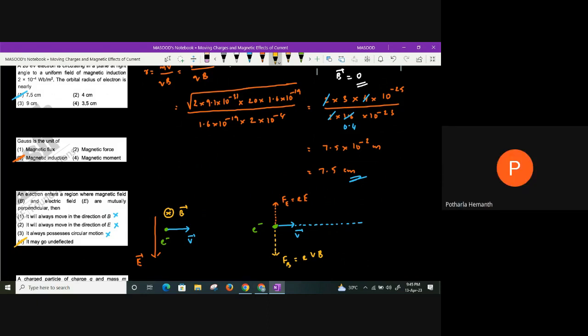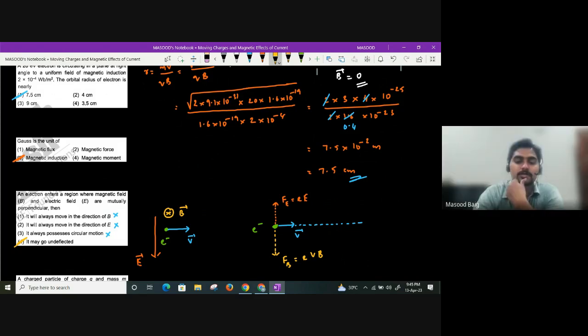Sir, if magnetic field is more and electric field is less, is there any possibility of moving in a circle? It will not. See, if electric force is more compared to magnetic force, I am saying force, not field, then you will get a net force in upward direction.